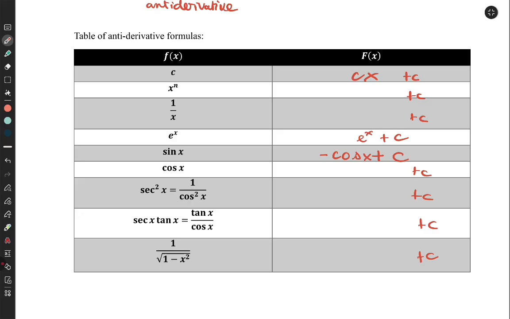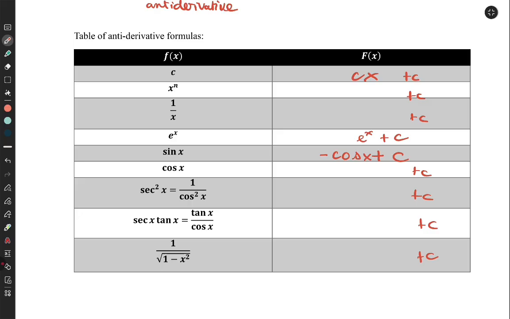Based on that, generalize it. X to the power n. Now, what do I do over here? You add 1 to the exponent and you divide by a number. Which number is that? Okay, correct. The exponent plus 1. Go ahead. Do x to the power n plus 1.